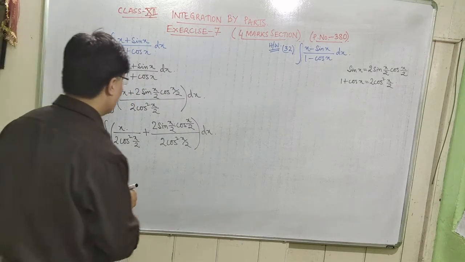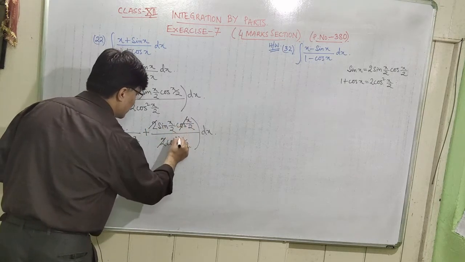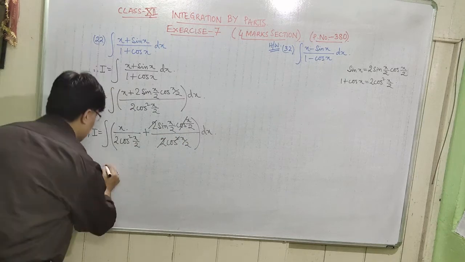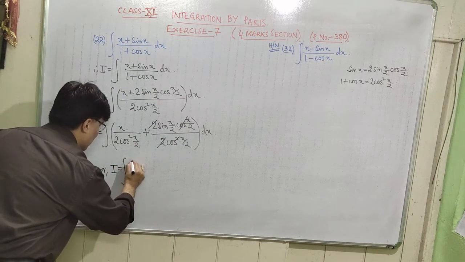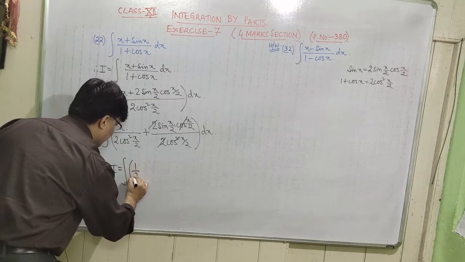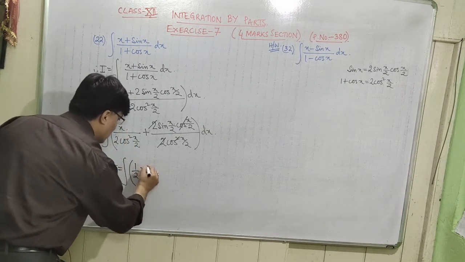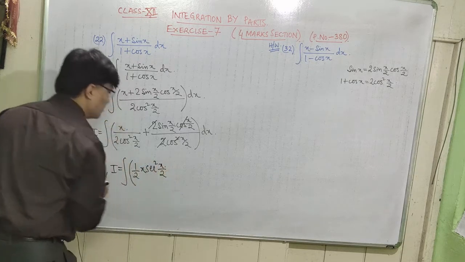Next you can simplify it further. So here 2 gets cancelled and cos x by 2 and square will be cancelled, or I is equal to integration of, within bracket, let us simplify it. This is half x into, what is 1 by cos square x by 2? It is sec square x by 2.